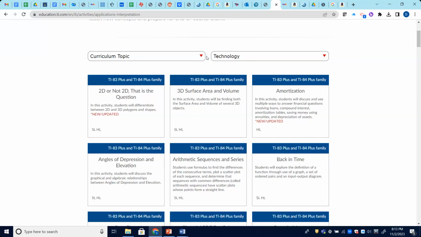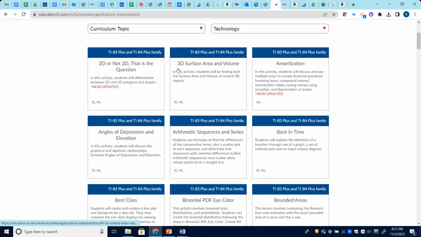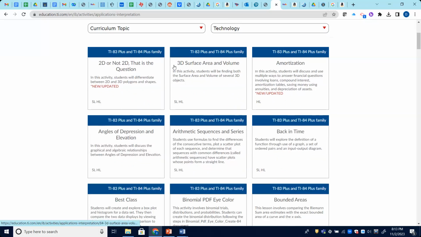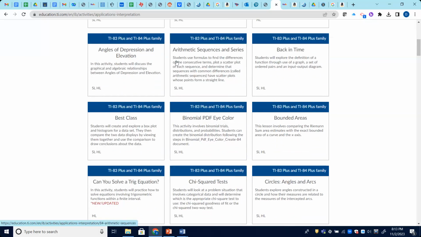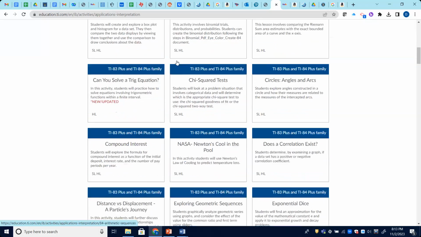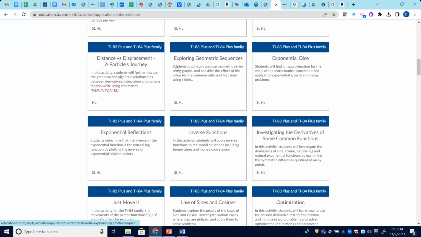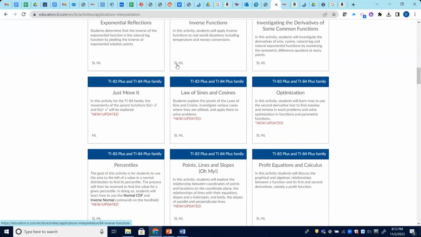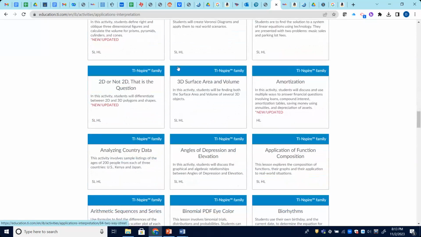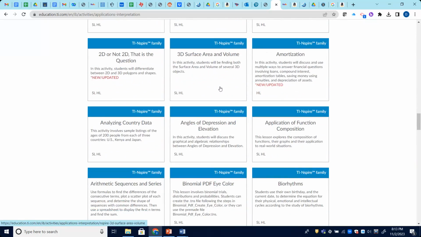What you first see without clicking anything else is every activity that we've created or enhanced for the four math classes. You'll see that there's dark blue for your 83/84 if you're an 83/84 user, and once we get down to the bottom, there's light blue for the Nspire.